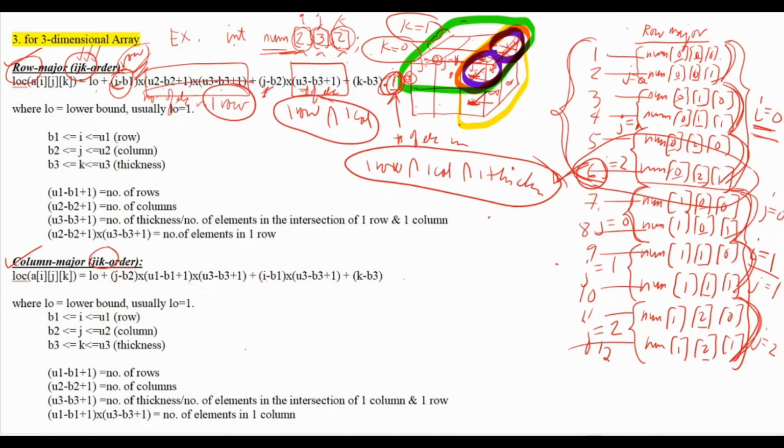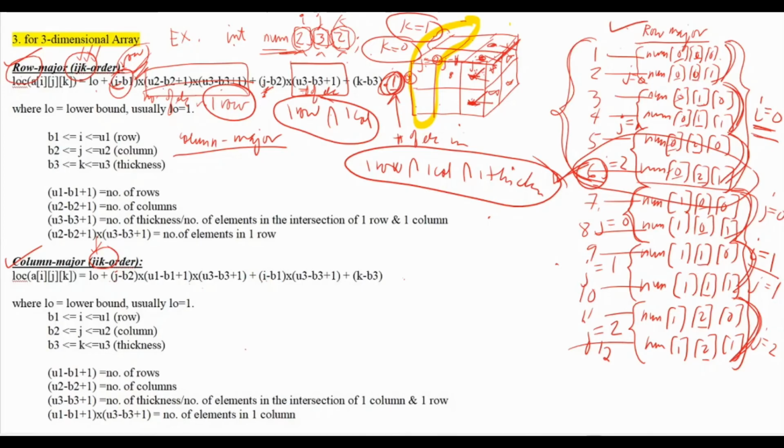Okay, let's try now to list all the elements in the column major order, just like what we did here. For column major, you get one column and list all the elements per row, because this is J first and then followed by I. So get one column, this is the first, and then list all the elements per row.